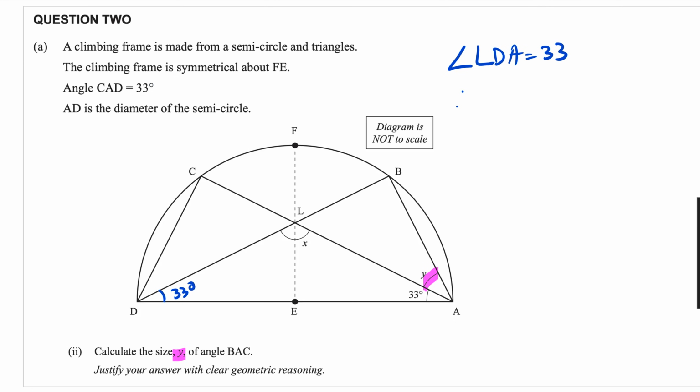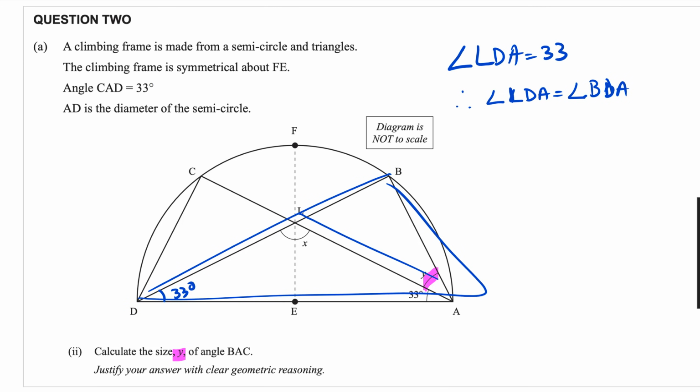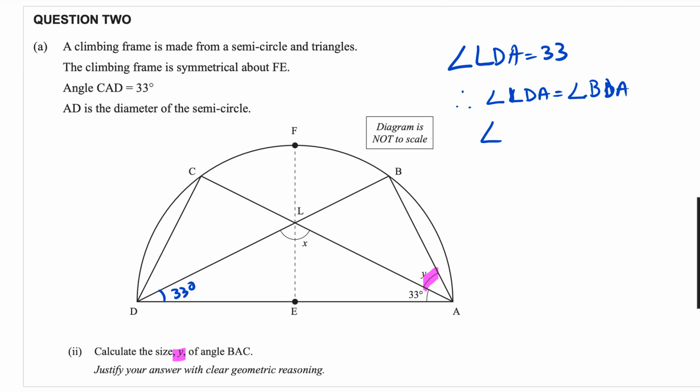We can say, therefore, angle LDA equals angle BDA, because if you look at it, those triangles are in the same kind of area. And so once we do that, we can say that angle BDA equals 33 degrees.